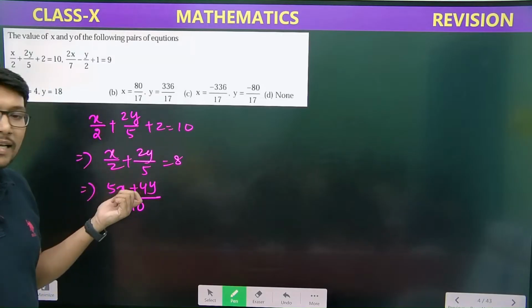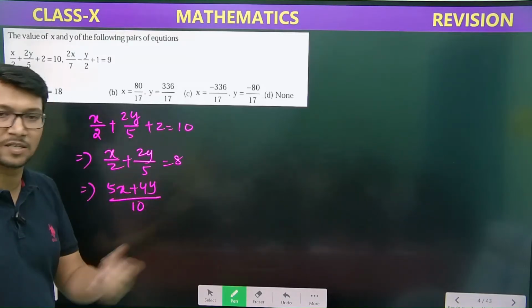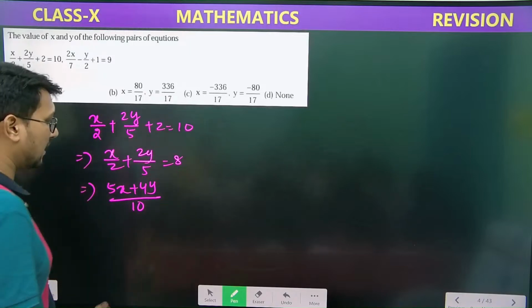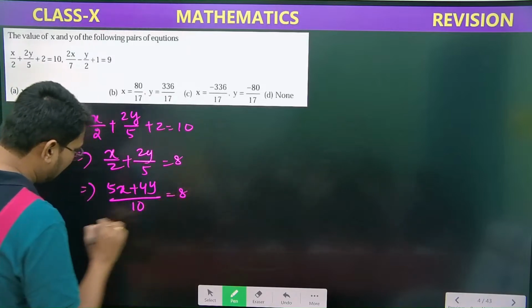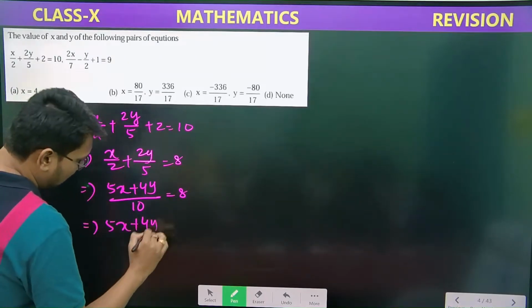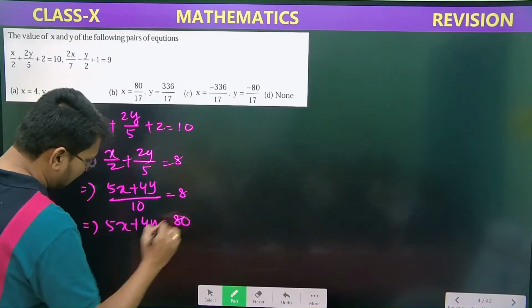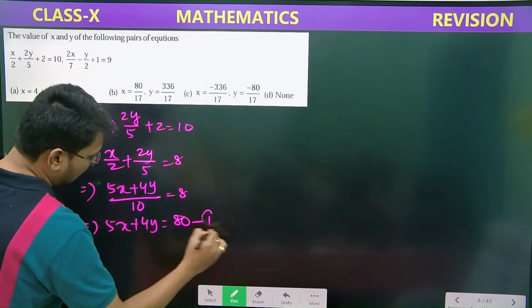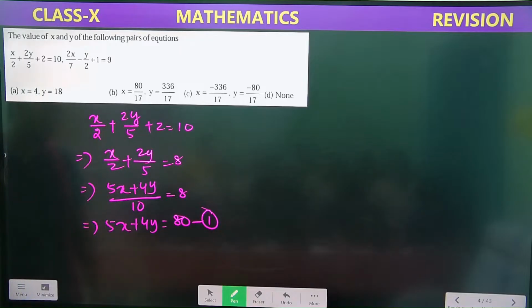I hope everybody knows how it becomes 5x and 4y, right? Everybody knows. So therefore 8, hence 5x plus 4y equals 10 into 8, that is 80. This is number one equation, bacho.